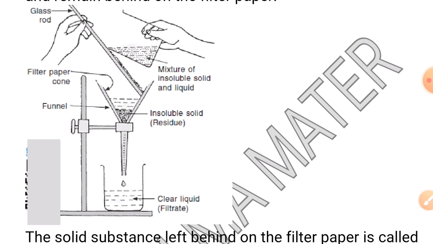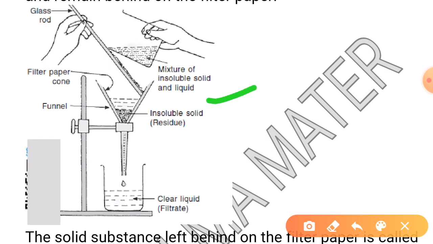As you can see in this diagram here, a mixture of insoluble solid and liquid is being poured using a glass rod into this funnel. Okay, this funnel has a filter paper cone in it.